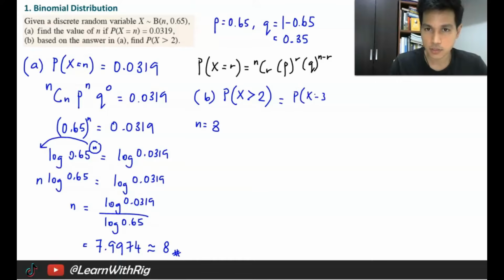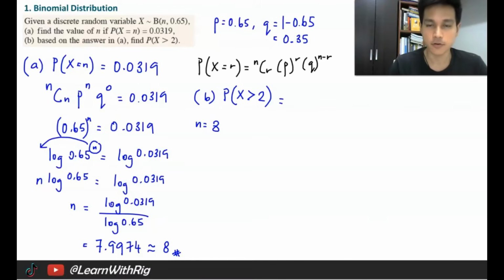X equals 3, X equals 4, and so on. X equals 5, X equals 6, X equals 7, X equals 8, so many to find. Now the question is, are you going to find one by one? Substitute X equals 3, 4, 5, 6, 7, 8. Are you going to do this one by one? You can, but I would suggest not to. Instead, I'm going to show you all what you can do.